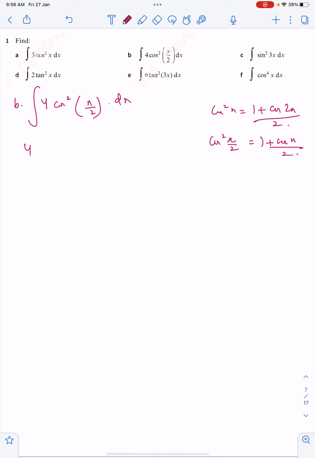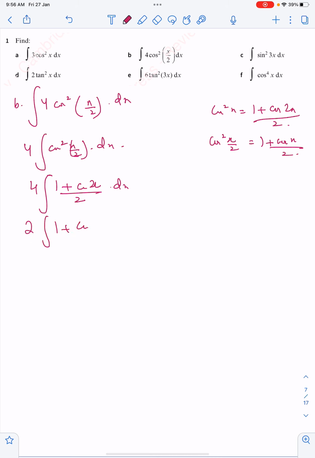Okay, so I'm just writing 4 outside. In place of cos square x upon 2 dx, I'm substituting 1 plus cos of x divided by 2 dx. I'm shifting this 2 also outside, so it becomes 4 upon 2, which is 2 only.